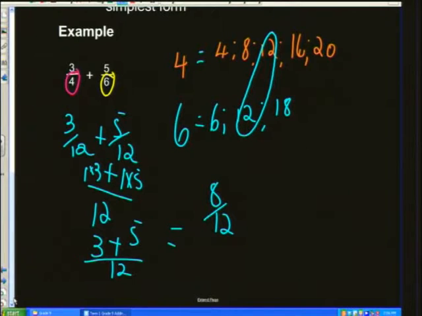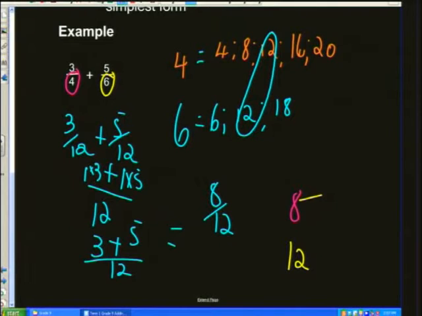So I'm going to write 8 here, and then I'm going to write 12 here. Okay, no, they are the same color. Let me use a different color, 12 here. So the factors of 8, I'm looking for the factors of 8. The factors of 8 are the numbers which can divide into 8 without a remainder.